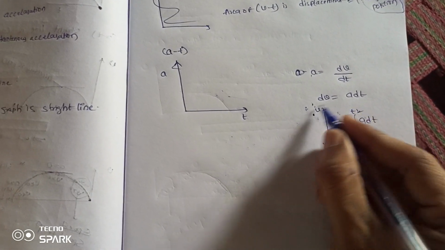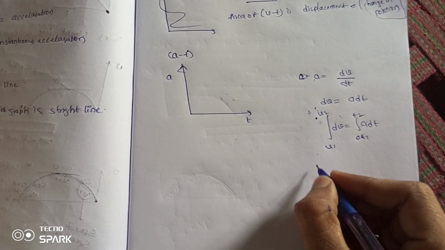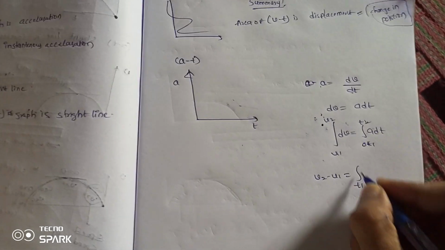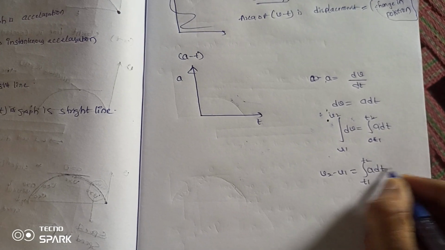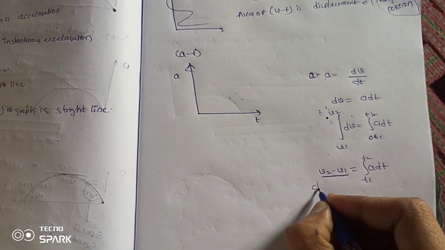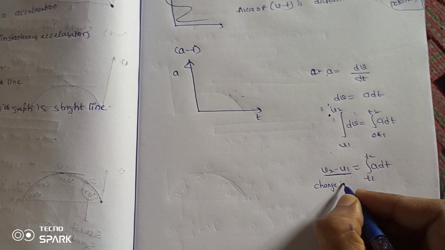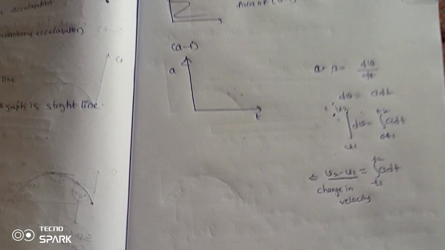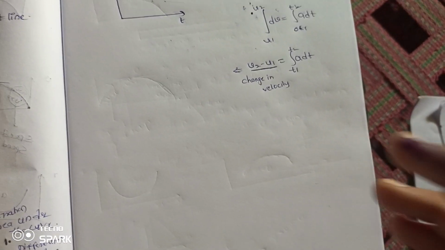That means v2 minus v1 is equal to the integral of a dt from t1 to t2. This is the change in velocity. Change in velocity, not acceleration, only change in velocity I consider.